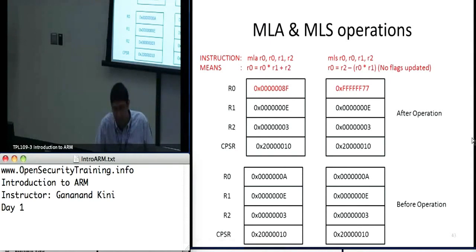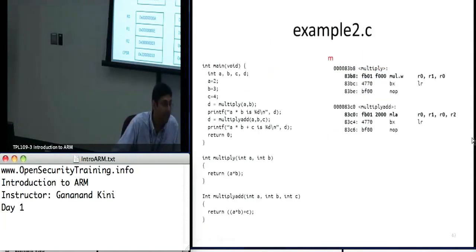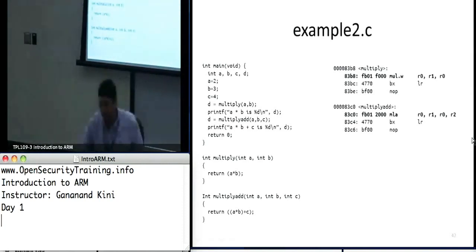I have a question I might have missed. You mentioned something in the previous example, you have this mul.w. Yes, thank you for highlighting that. This is actually an artifact of GNU, the assembler. It uses it to tell the linker to use it as a wide instruction.